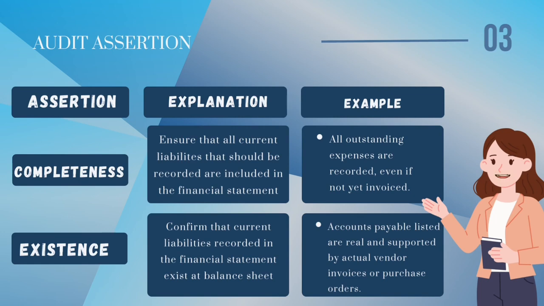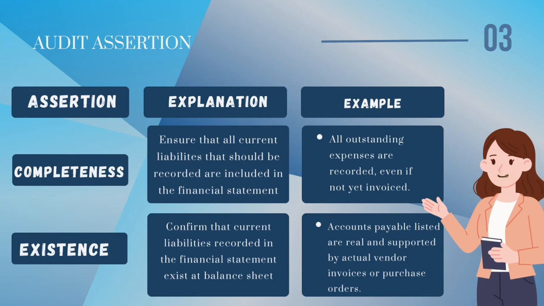Second, existence. This means that the liabilities recorded in the financial statements are real and supported by evidence. For example, accounts payable should be backed up with the actual supplier invoice or purchase order. This prevents recording fake or duplicate liabilities. Okay.